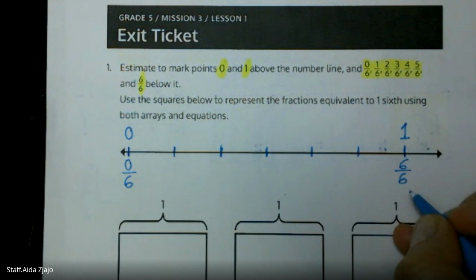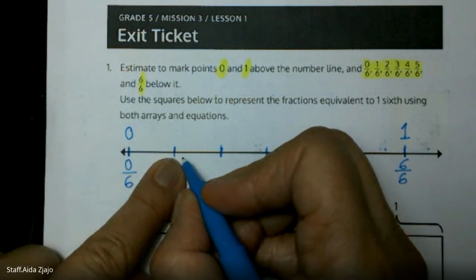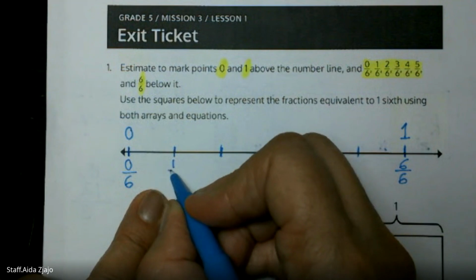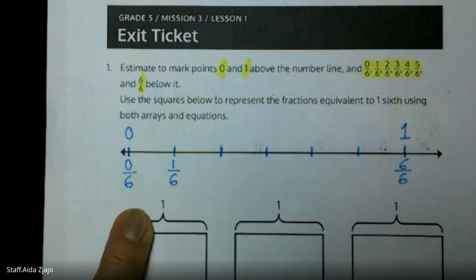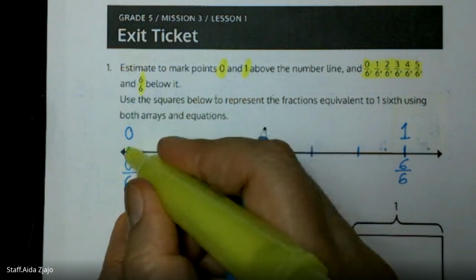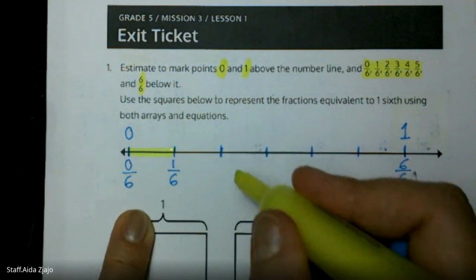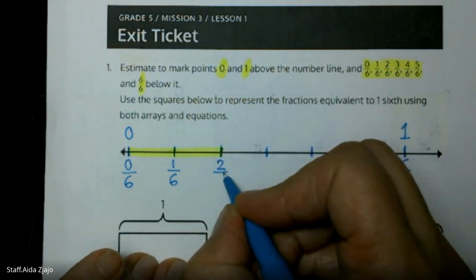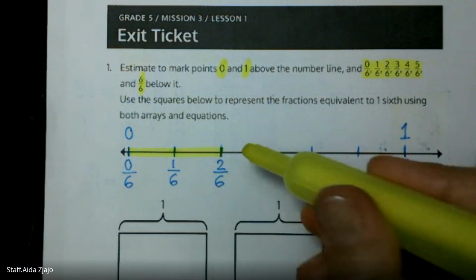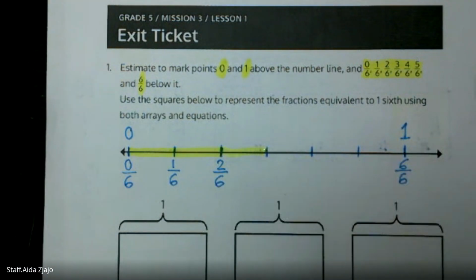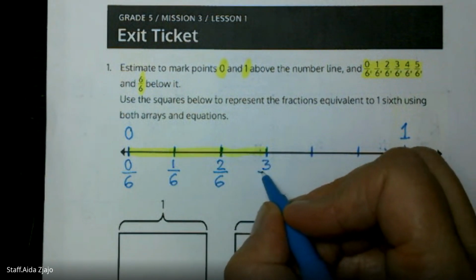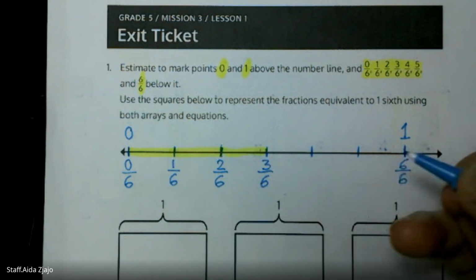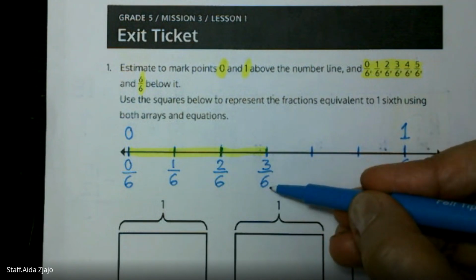The first piece is 1/6. One more is 2/6. One more is 3/6. 3 out of 6. 3 is half of 6.